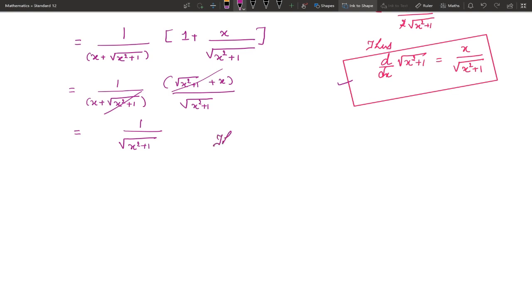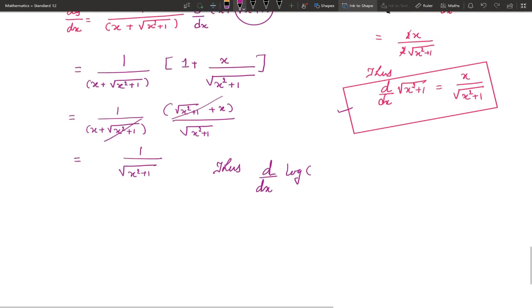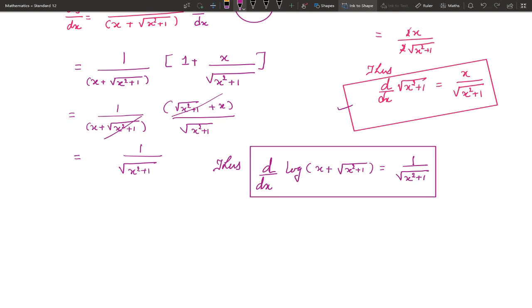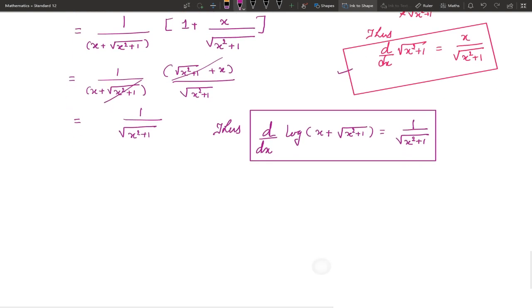Thus d by dx of log of x plus under root x square plus 1 equals 1 upon under root x square plus 1. So this is a well known result. In integration this will be useful.